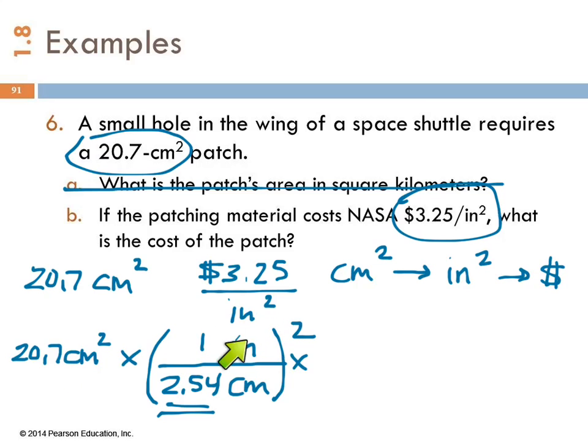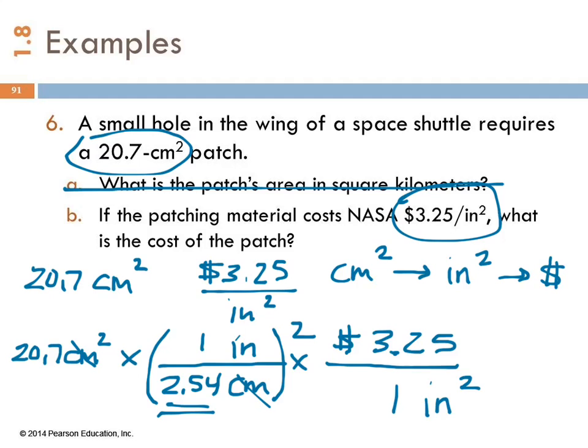Here, this square is the whole thing. And then those guys are going to cancel out. Then we need to go from square inches to dollars. Here we have dollars on the top. We want dollars on the top and square inches on the bottom. So that'll be 3.25 per 1 inch.